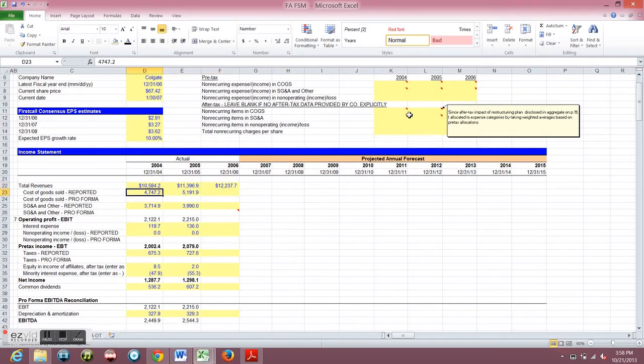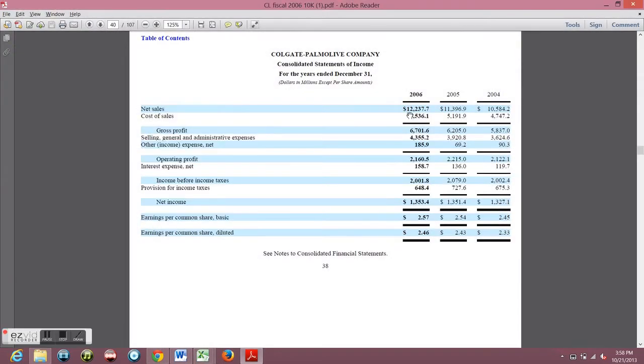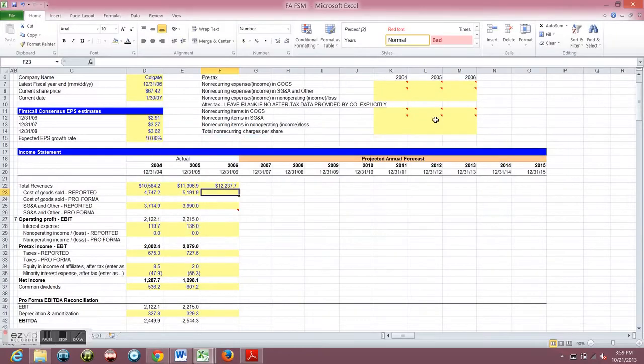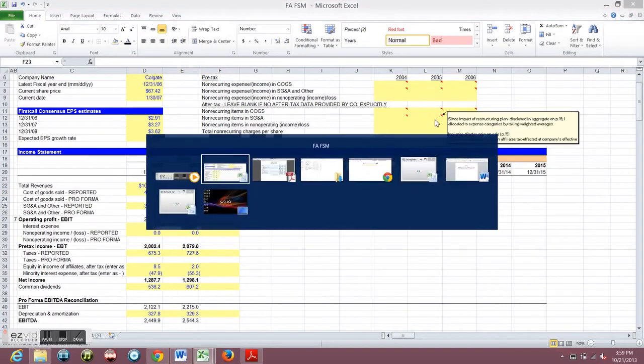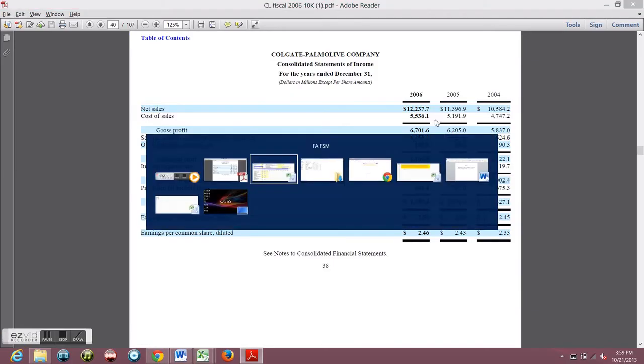Okay. So our cost of goods sold, which follows right after our revenues on the income statement, is also called cost of sales. Cost of sales are basically all the expenses related to the selling of the good.